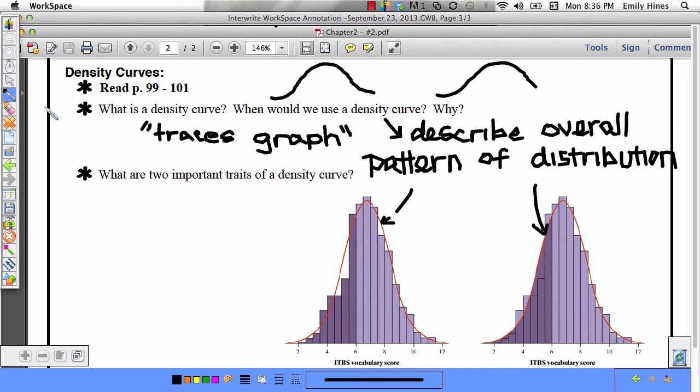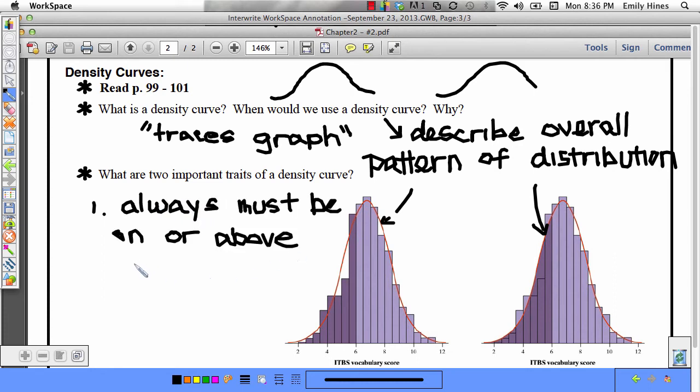Traits of a density curve that we always need to remember are: one, they always must be on or above the horizontal axis. So basically they can never be negative, they can never go down, and basically they just have to be on top of a number line.